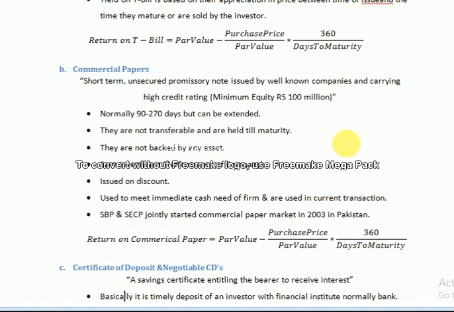Commercial papers, dear students, as compared to T-bills, are risky and unsecured. Why?